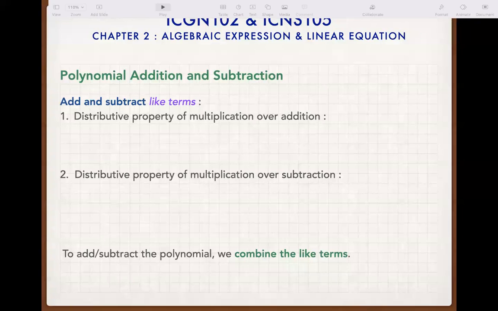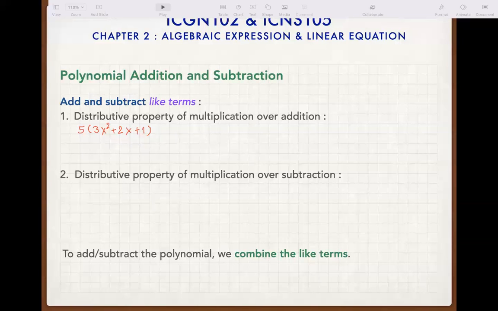So, for example, if we have 5 times 3x squared plus 2x plus 1 here, do you remember the distributive property of multiplication?